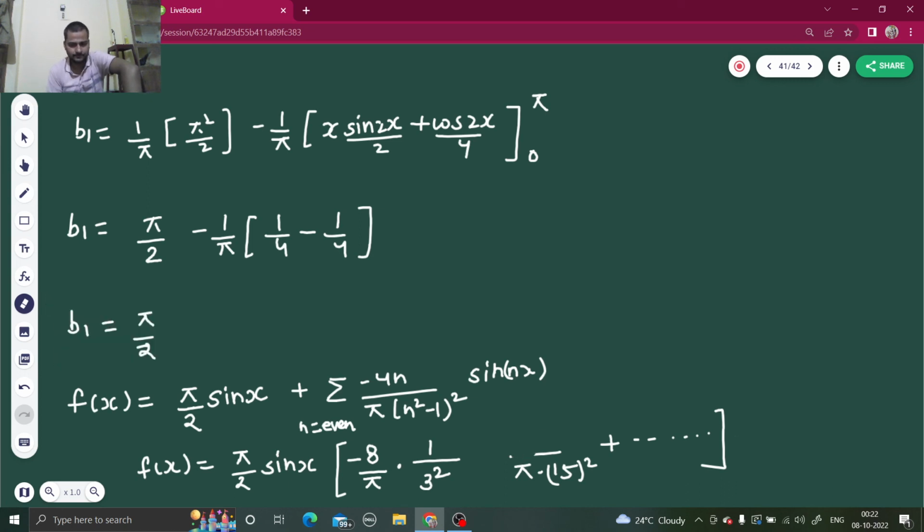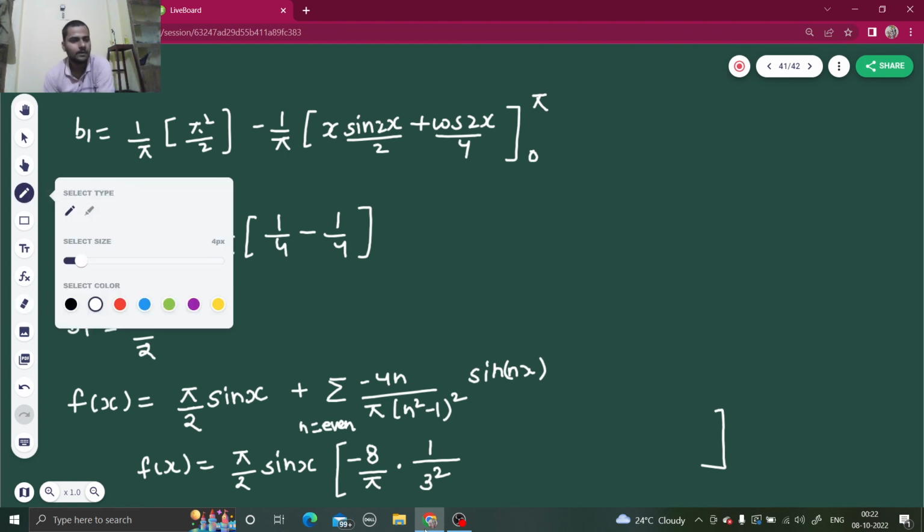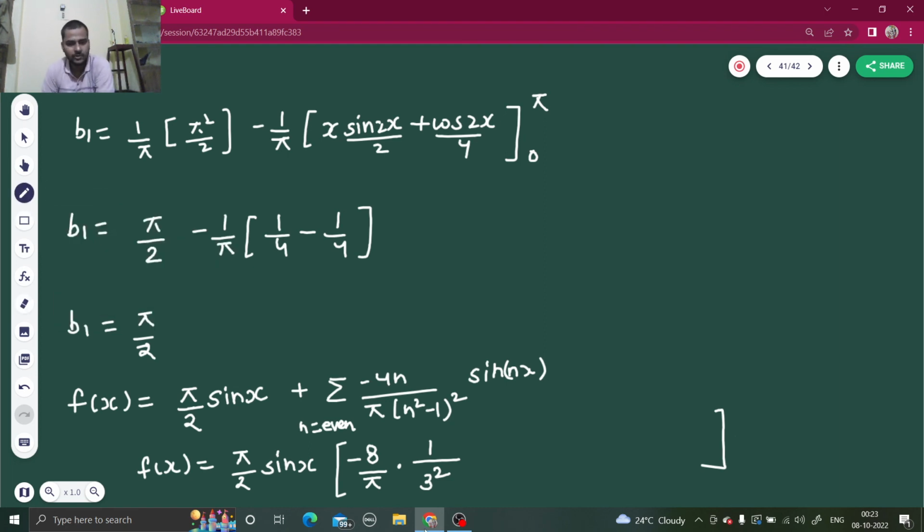So for n equals to 2, it will be sin 2x, minus 16 by pi 15 square, and it will be sin 4x, plus dot dot dot.